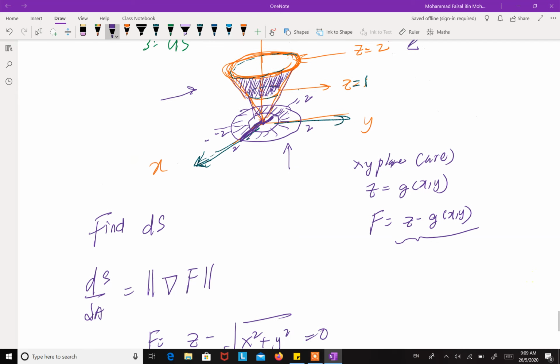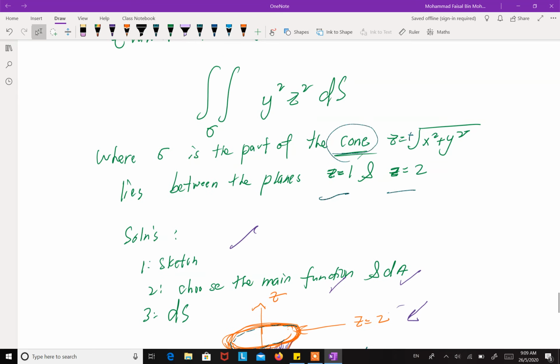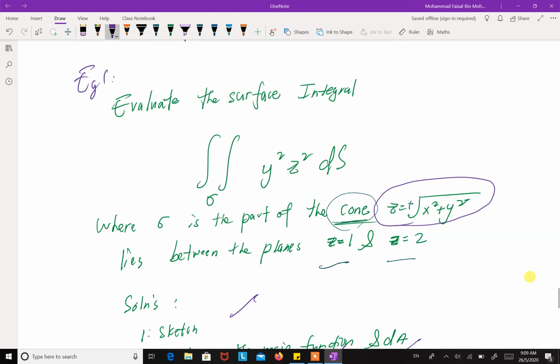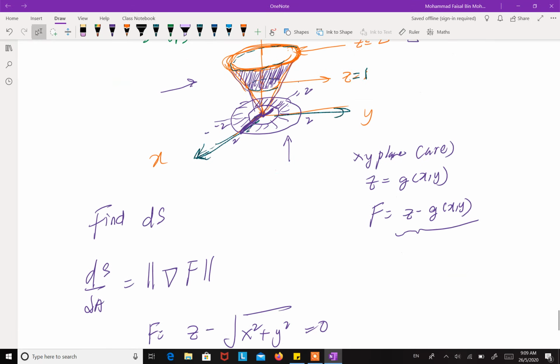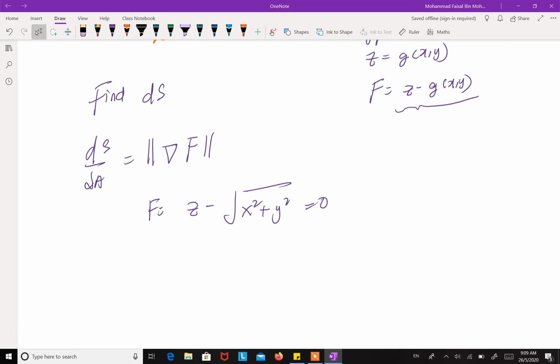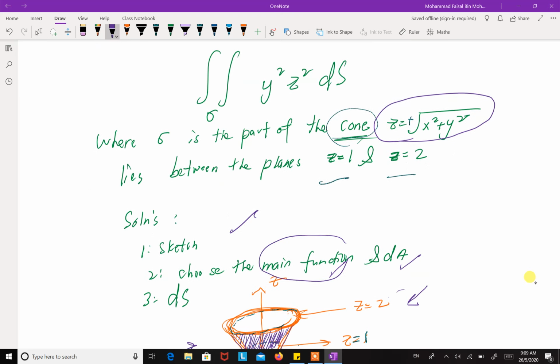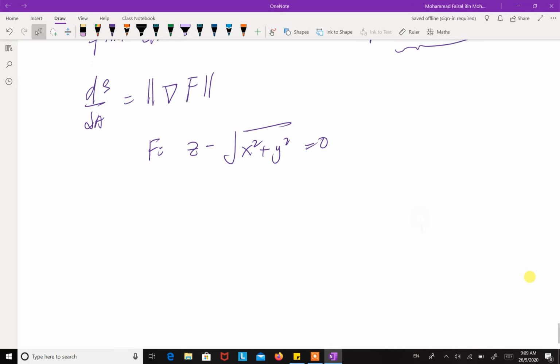Okay, so I took this from this formula, from this cone function. So f will be z minus square root x squared plus y squared. So you have to choose a function, the main function. So this is the main function. So the main function will be the square root x squared plus y squared.